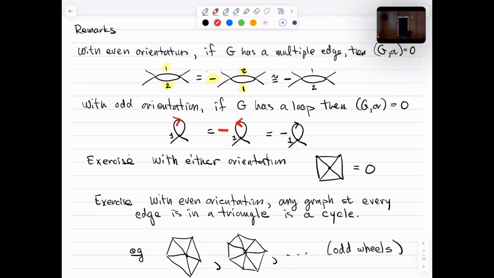So I can either flip the arrow or flip the edge. And so I get that this graph is equal to its negative, if you want an isomorphism that preserves the orientation.